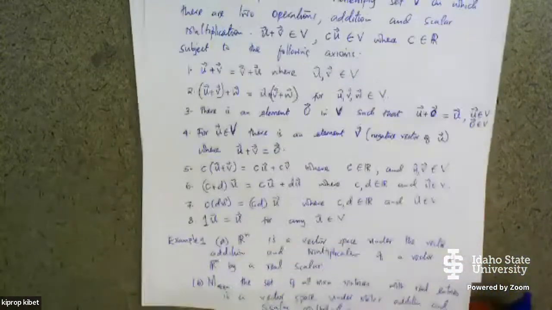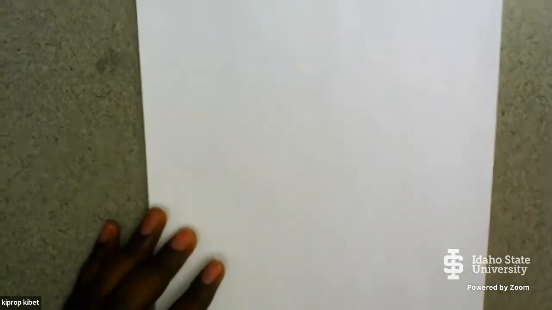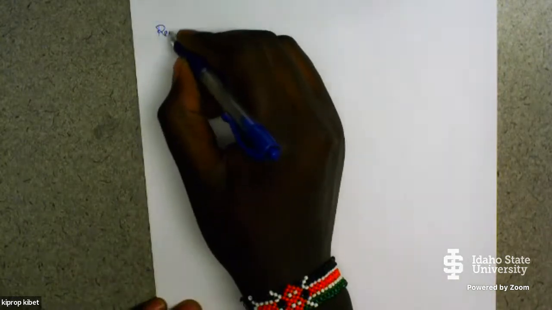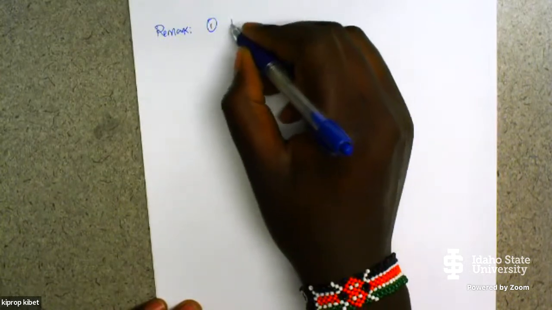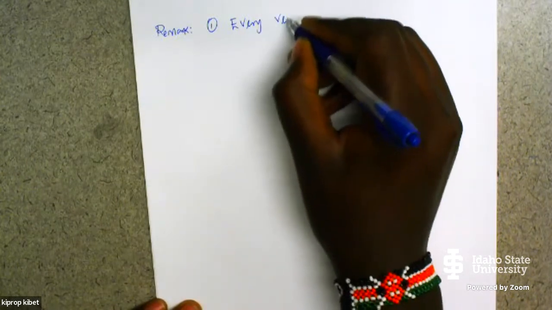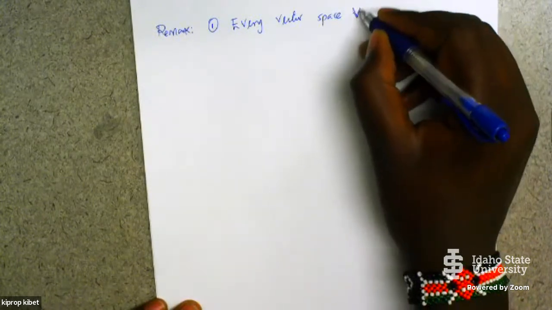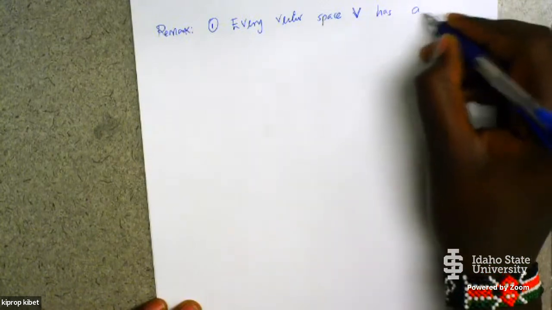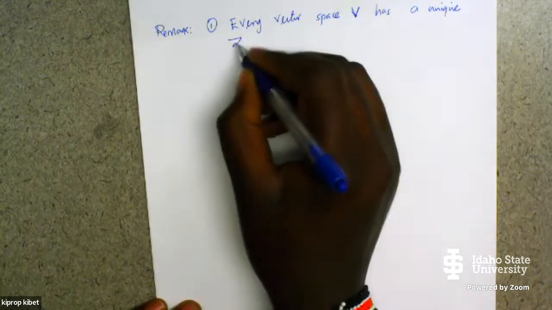If you continue with mathematics, there are some other things that maybe you need to remember or learn. We'll see this one as a remark. Number 1, every vector space V has a unique 0 vector.